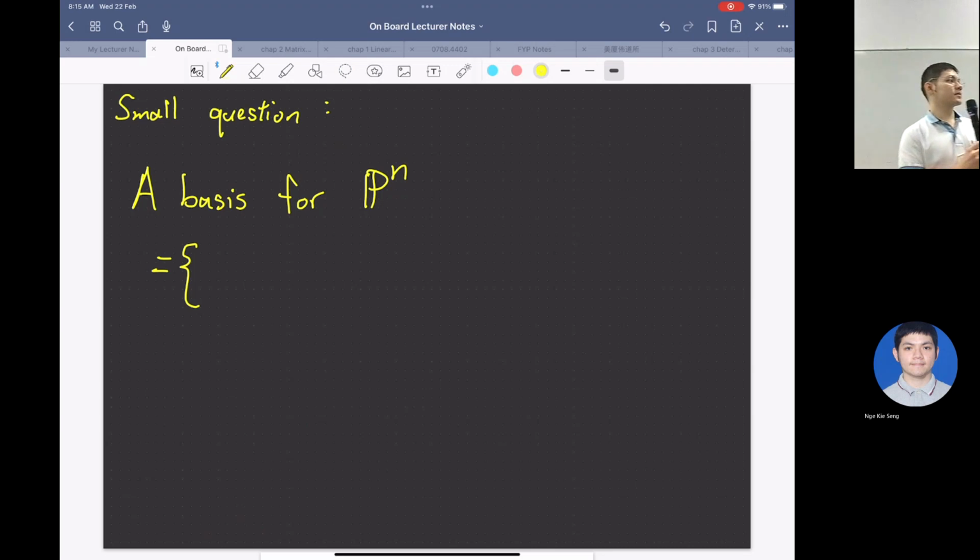What's the basis? Any idea? What's the basis for Pn?